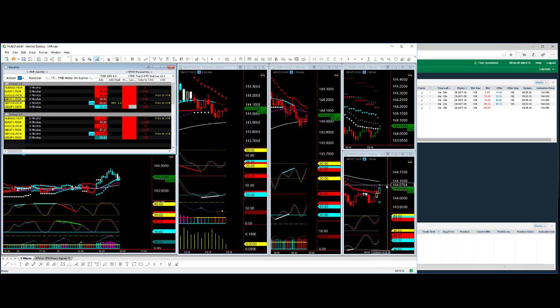And this is probably going to hit this ATR. It may even go up as high as here. And then I would expect it to come back and test for support.